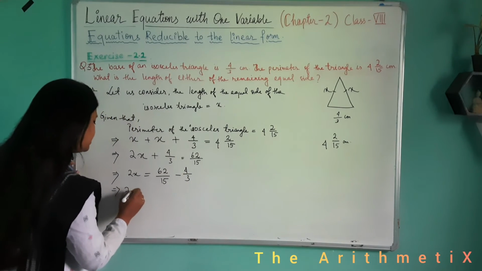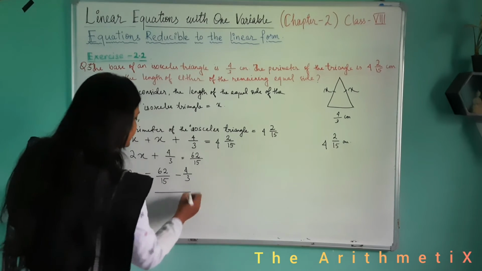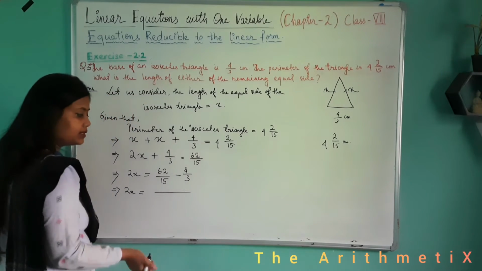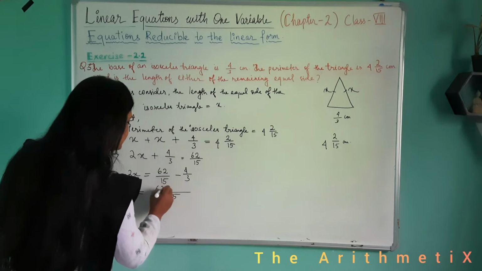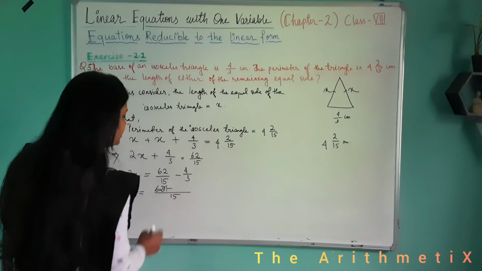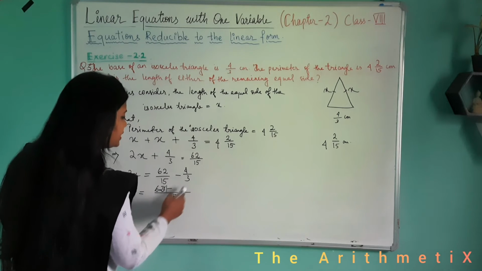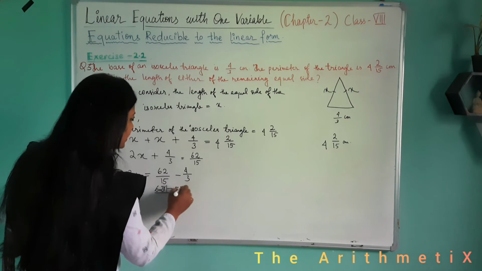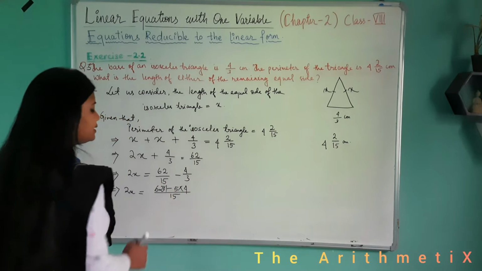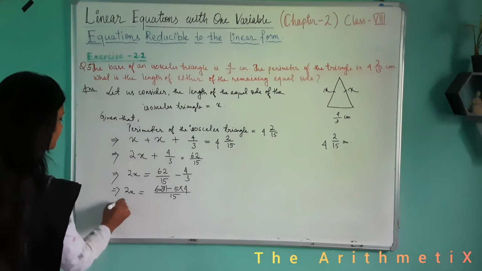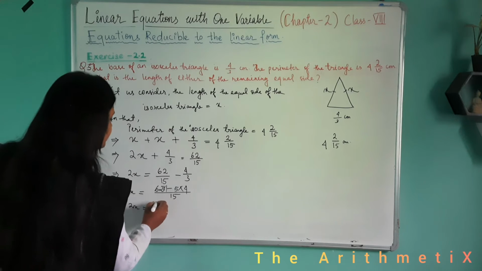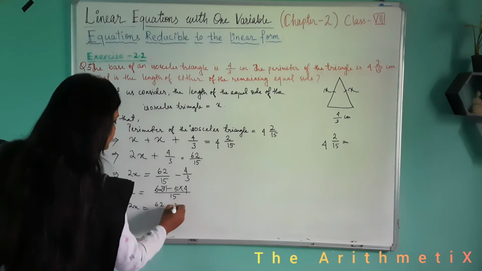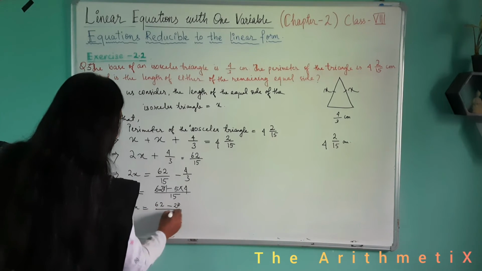This implies 2x equals, let us take the LCM here to subtract the numbers. 15 is the LCM. This is 62 into 1. 15 divided by 3 is 5, so 5 into 4, with the negative sign. So 2x equals, multiplying the numbers at the numerator, 62 minus 20 by 15.